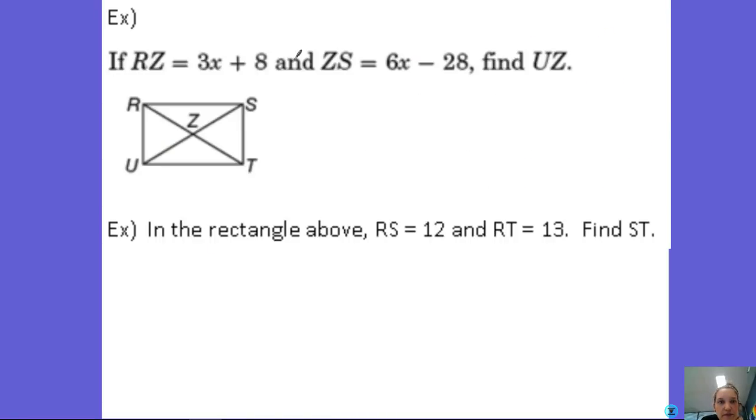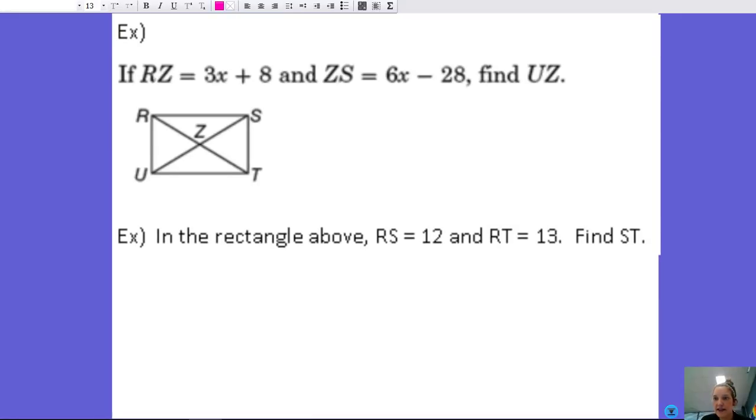Okay, so in this example, let's say RSTU is a rectangle. Should have told you that.